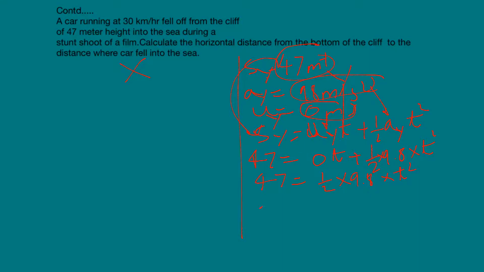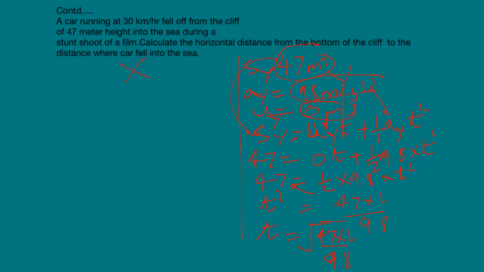So here t square equals to 47 into 2, and 9.8 will come down. So t equals to under root of 47 into 2 divided by 9.8.